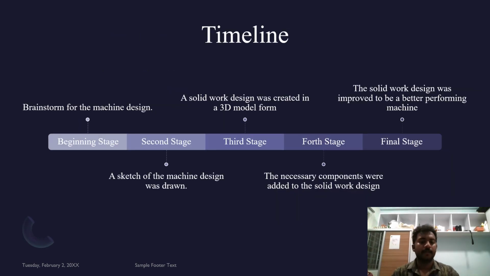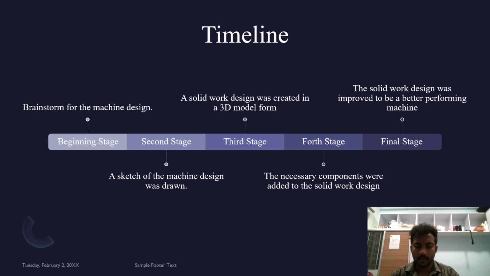On the timeline, at the beginning stage, I did some brainstorming to design this machine, and on the second stage, I did some sketches and drawings, and I discussed with my teammates regarding the models, and we also consulted the lecturer regarding the sketches. Once I had finalized the sketch, I went on to create the 3D model of the machine in SolidWorks.